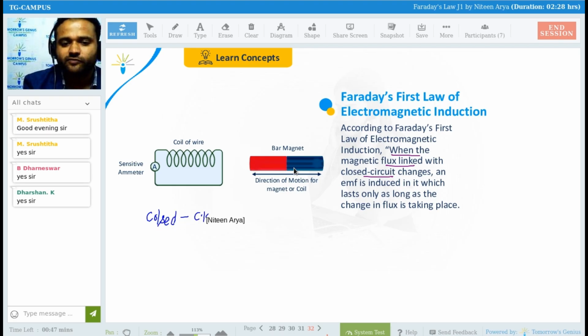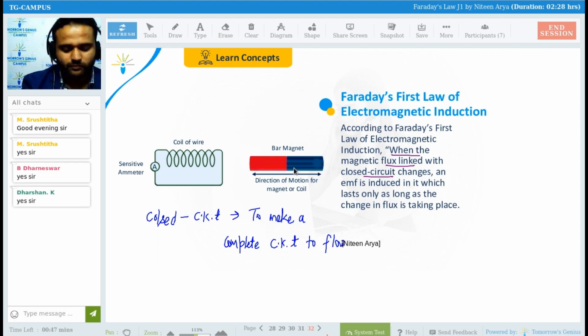Closed circuit, CKT, to make a complete circuit to flow the current. This current is known as induced current, in proper words. Induced current. Okay, so where were we?